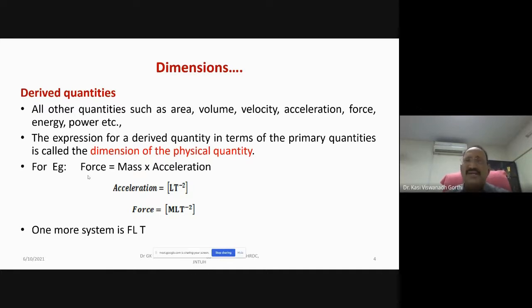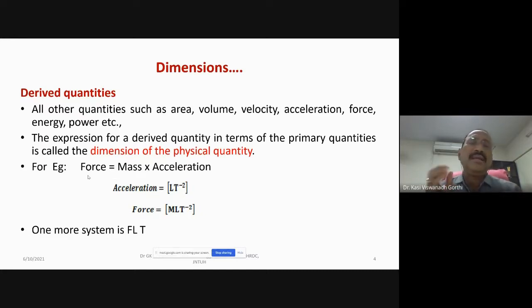The expression for a derived quantity in terms of the primary quantities is called the dimension of the physical quantity. For example, if I take force, what is force? Mass times acceleration. Mass is M. What is acceleration? Acceleration is L T to the power minus 2. So M L T to the power minus 2 would be the force.